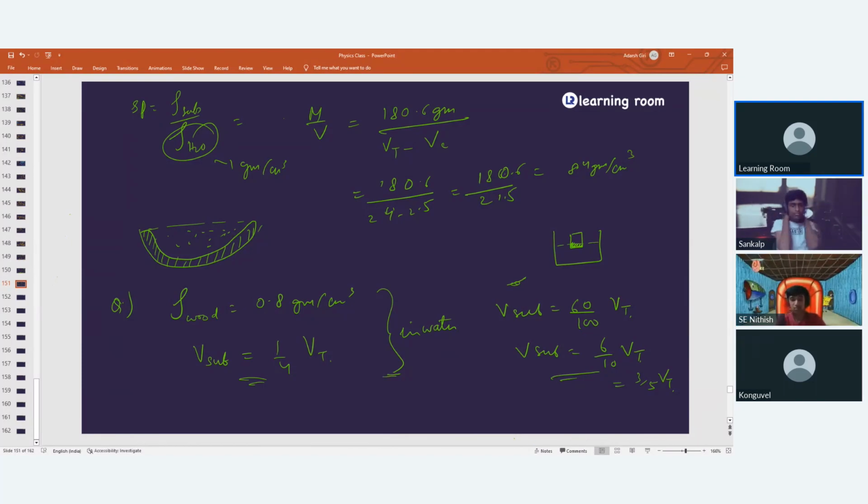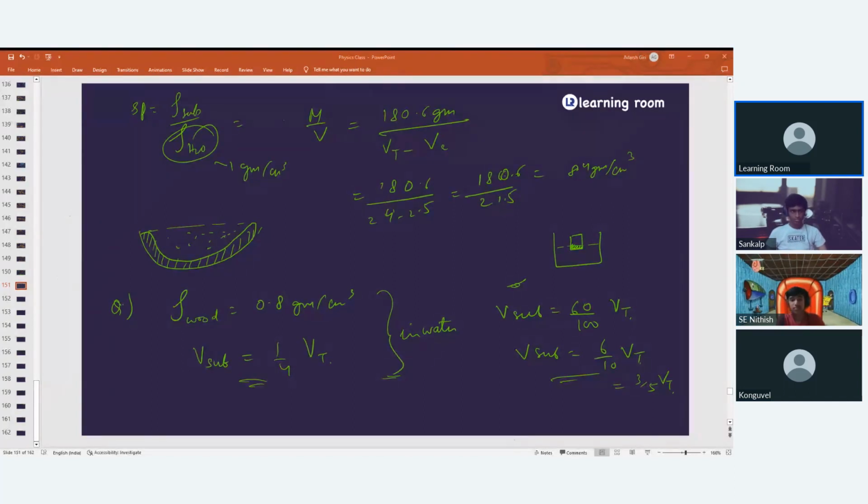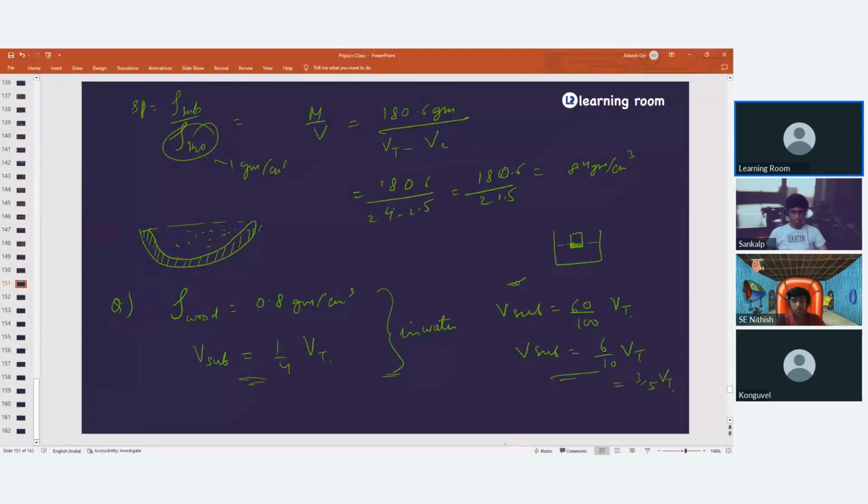No. First listen here. In the first case, the wood is floating on the liquid with 1/4 of the volume submerged. That means 1/4 of the total was submerged.